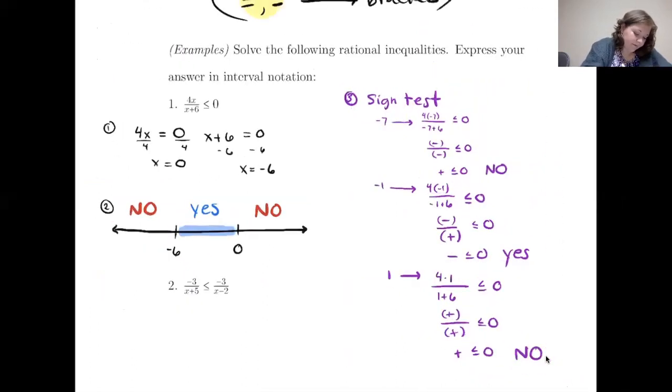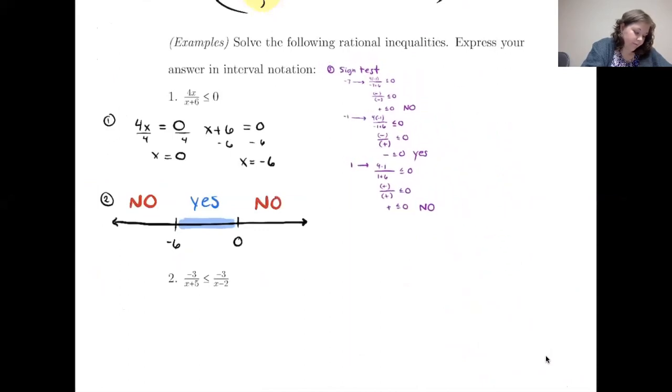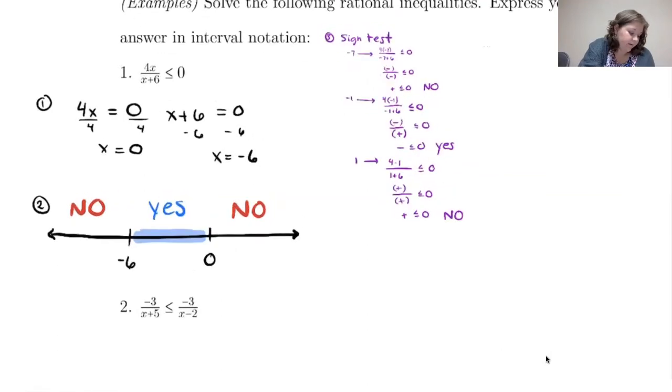So let's give ourselves a little bit more room for part 4. So now part 4, we want to take the intervals we shaded here and write them in interval notation. But first we need to figure out, are we using brackets or parentheses around it?